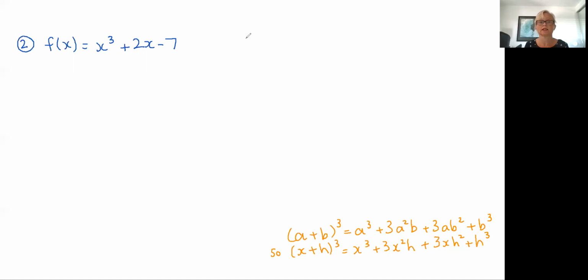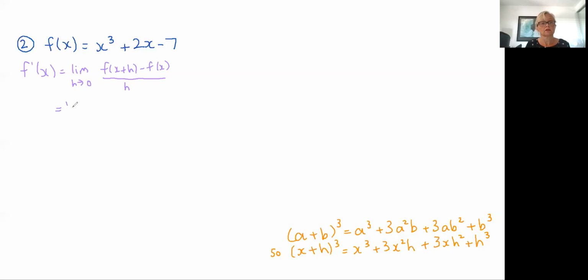All right, let's write down our rule. So f dash x is the limit as h tends towards 0 of f of x plus h minus f of x over h. Remember, that was the limit of the gradient of the chord as those two points on the curve were getting infinitely close.